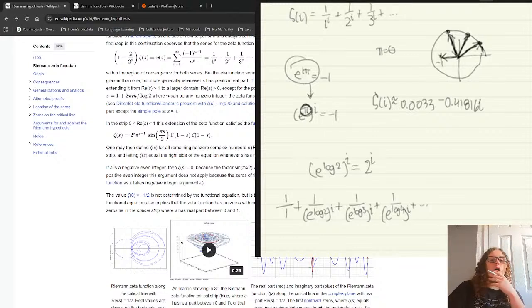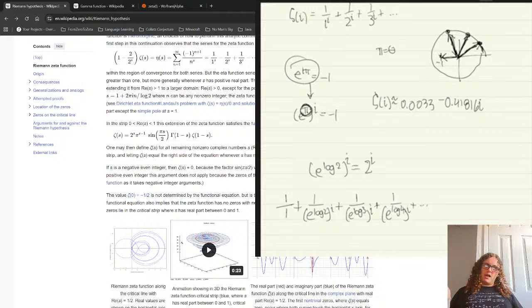That means that since we know zeta of anything greater than 1, so 1.01, 1.0001, whatever, those are never 0.